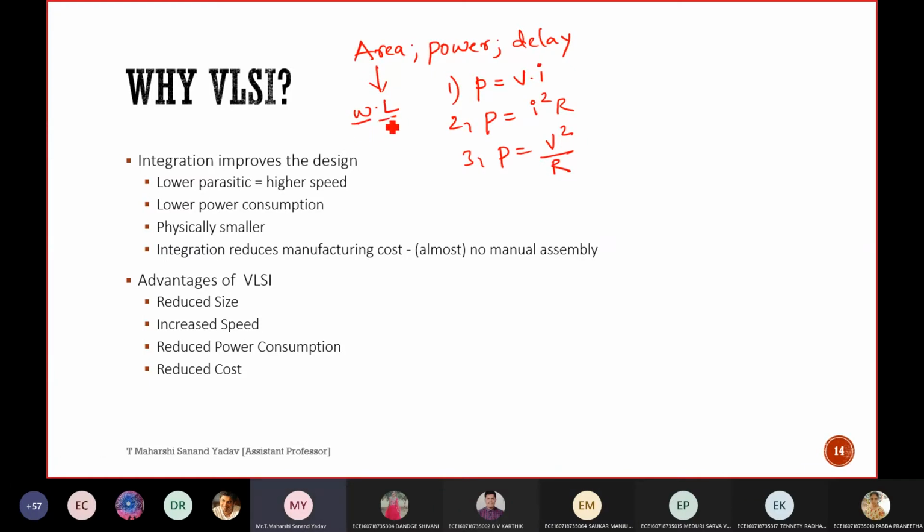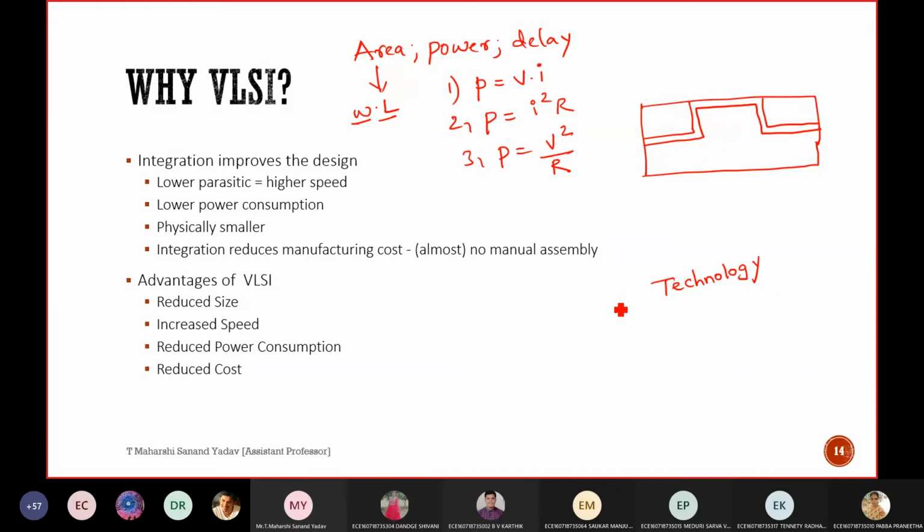And what about this one? What is this width and what is this length? Yesterday we have seen the area, rectangle, NMOS. What is technology? Simply technology means length of the channel.